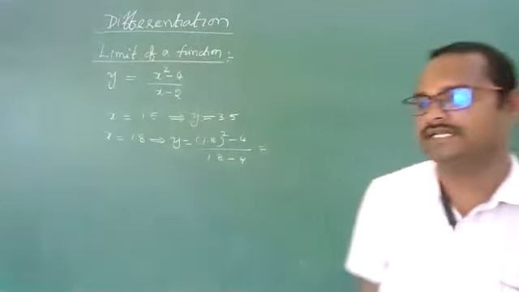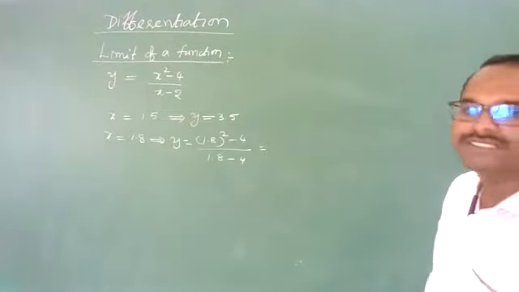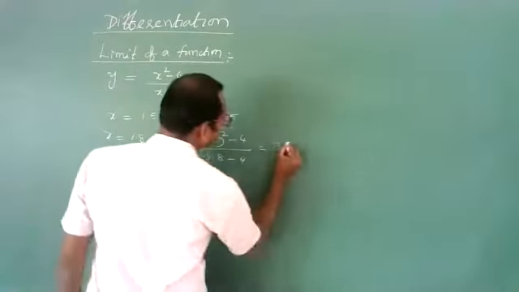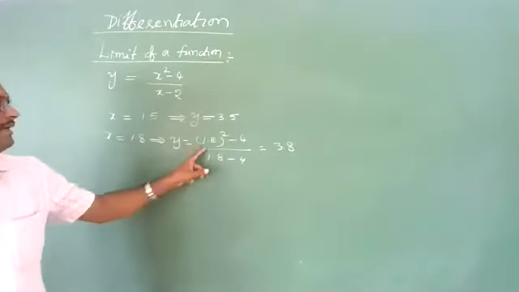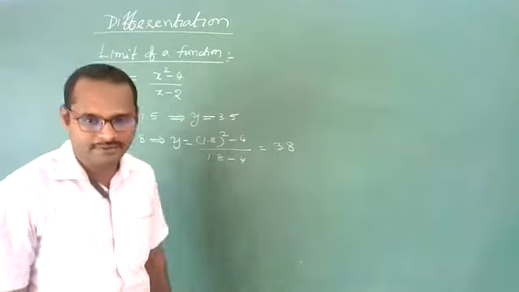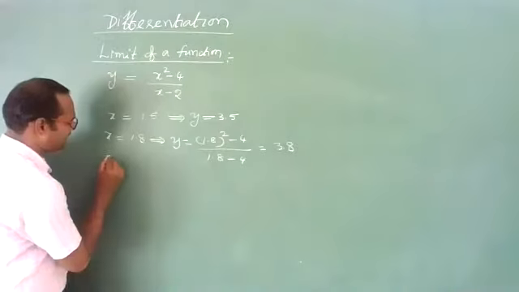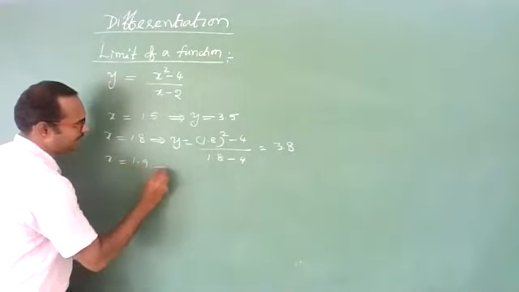If you do this calculation, you will get exactly 3.8. Now let us take the x value as 1.9.